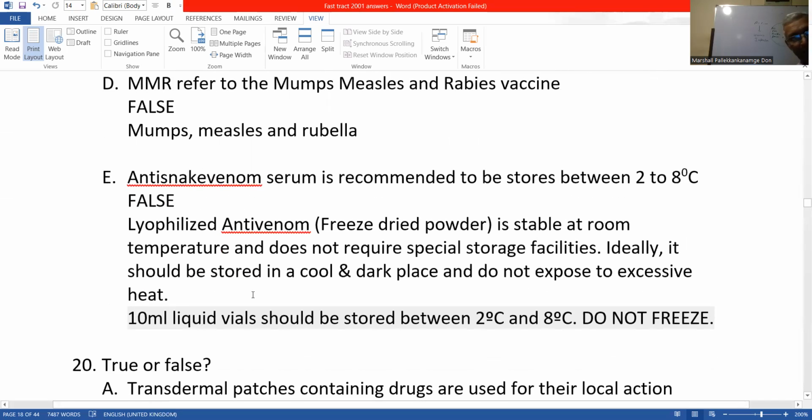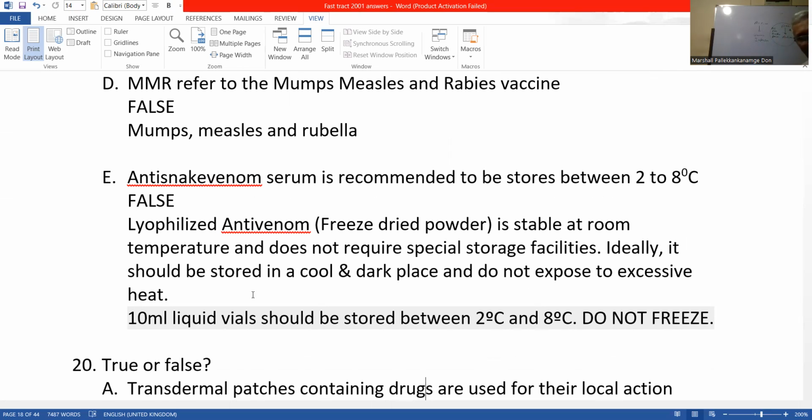Anti-snake venom serum is recommended to be stored between 2 to 8. No, actually people take it when they walk in jungles. So they can't take a fridge there. They can't take ice also because it may be some days or weeks in the jungle. So it is prepared in freeze-dried powder form.